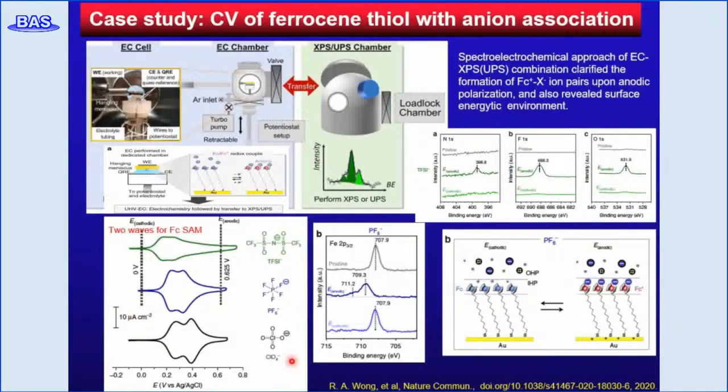The XPS signals of atoms near the electrode surface at 0 volt and 0.6 volt show the ferrocene cation due to the oxidation. This is due to the strong anion binding to the SAM, causing ion pair formation at electrode surface. And this scheme will be proved by measuring directly by XPS measurements.